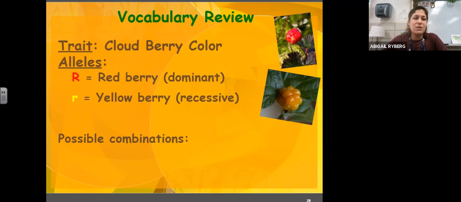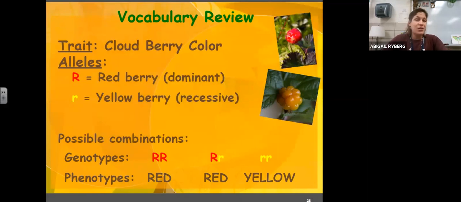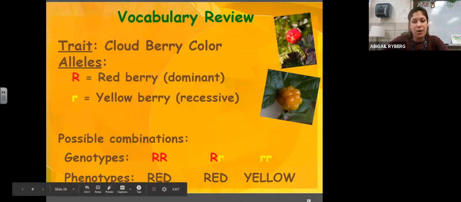So in this instance, the trait we're looking at is the berry color. The alleles are red or yellow. Those are the two options. Because red is dominant, I'm going to give it a big R, and yellow berries I'm going to give a lowercase r. So the possible genotypes here are big R, big R, big R, little r, or little r, little r.